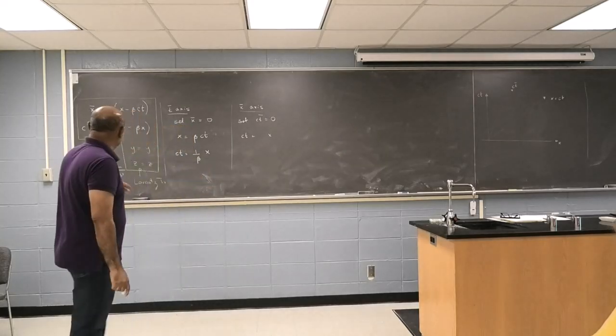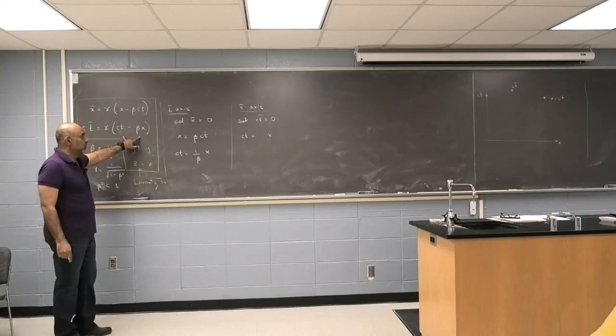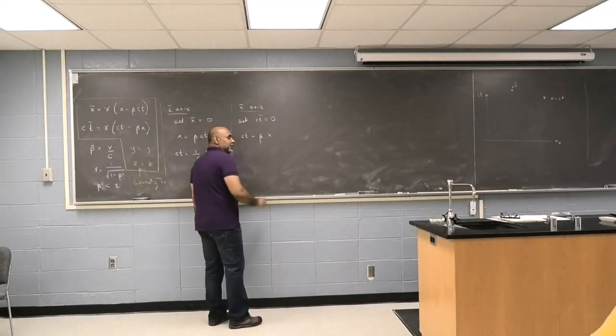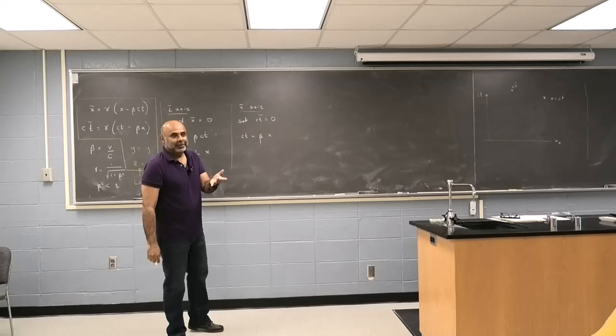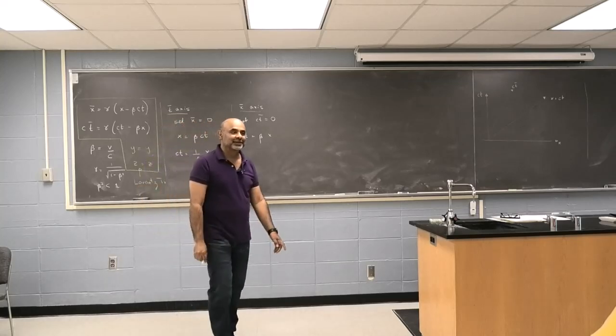Put t bar equals 0. Almost orthogonal. If they were orthogonal, what would it do?